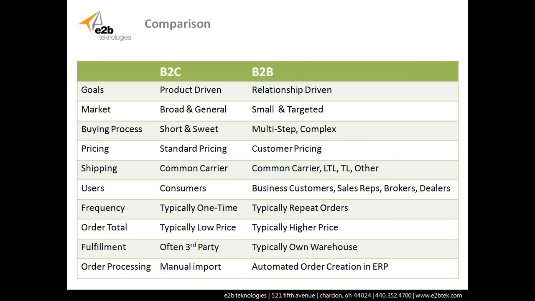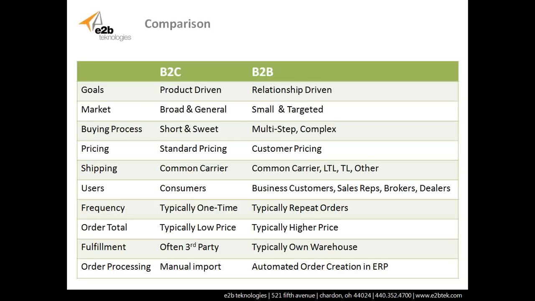In a B2B environment, I might have worked really, really hard to get that initial sale, and then my customers are coming back to that storefront for repeat orders or to see what else I have to offer. So in a lot of cases, it's a very, very complex sales process. Pricing in a B2C, I might get some price breaks or things, but it's pretty much standard pricing.